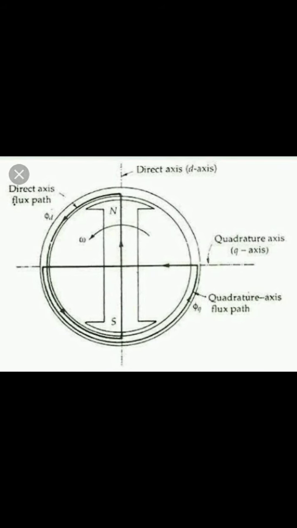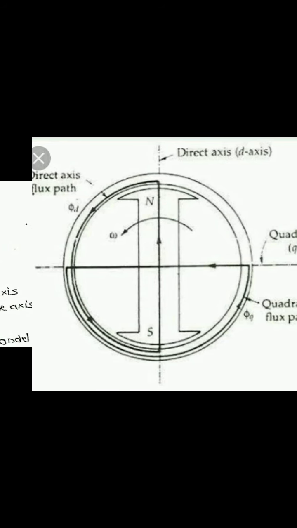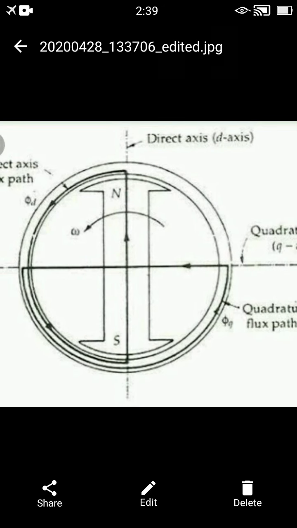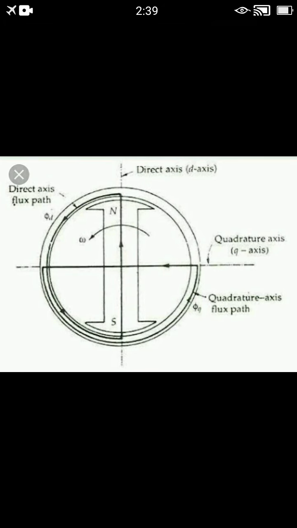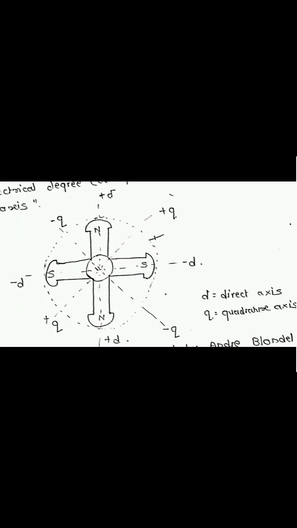This is the flux path for the direct axis as shown in the figure, the flux direction being anti-clockwise, and the flux direction for the quadrature axis is clockwise. The synchronous machine is rotating with an angular velocity, shown by omega. So let's start the detailed discussion of the two reaction theory.